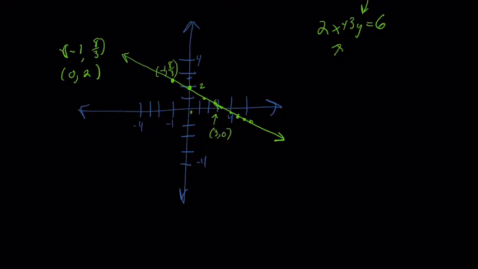And let's see if that point satisfies our equation. So I've got 2 times 3 plus 3 times 0 equals 6. 6 equals 6, that's true, right? So this point is also on our line and it's also a solution. So we can find additional solutions by graphing.